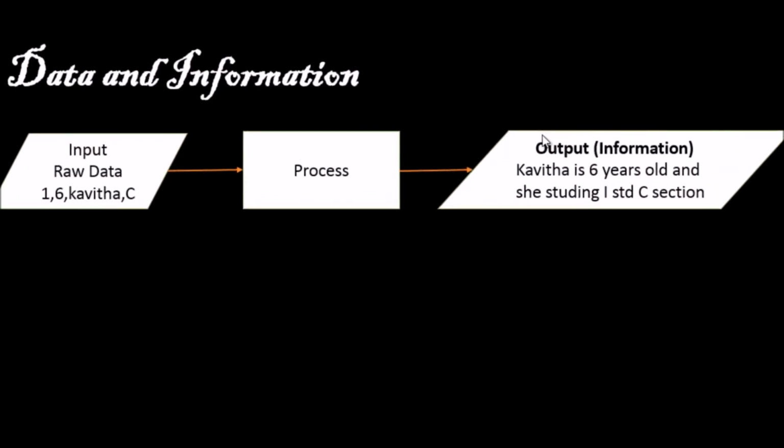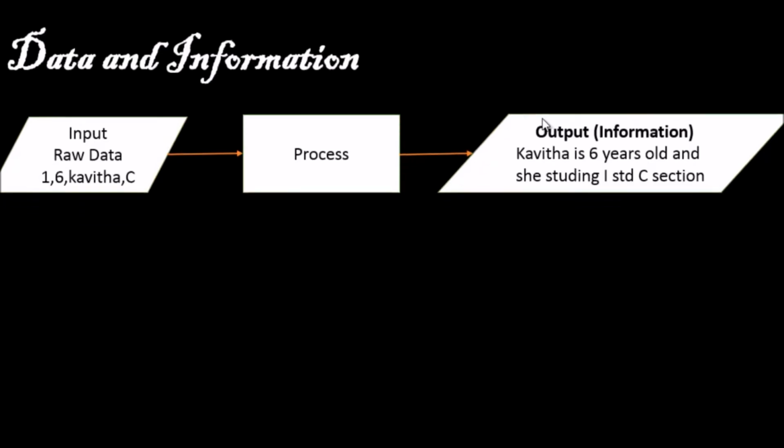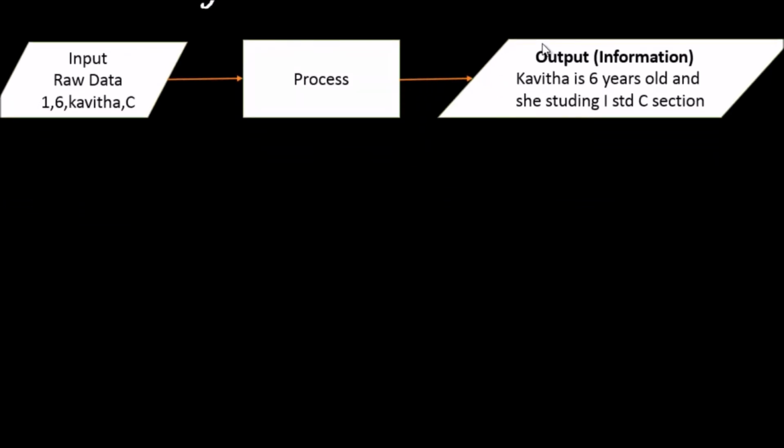In this process, raw data is the input, that is raw data means any meaningless data, that is 1, 6, Kavita, C, whatever it may be, but there is no meaning. So the computer does some process according to our instructions. Okay, it produces output, that is a meaningful sentence, that is information.